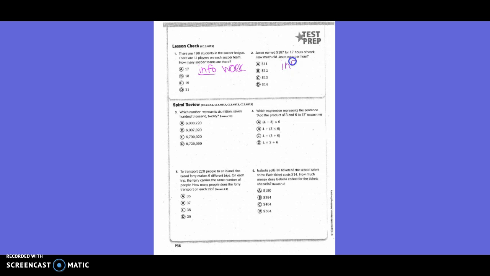Number 2, info, work. And then you guys will lay it out and then do a drawing for it. Okay? Then on number 3, you need info. Number 4, you need info. Number 5, you need info and work. And then number 6, you need info and work.